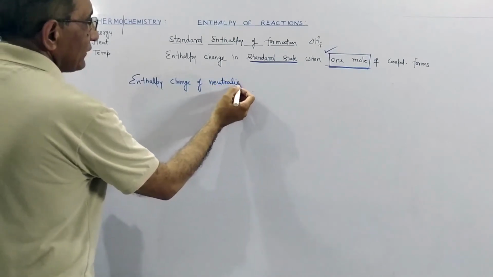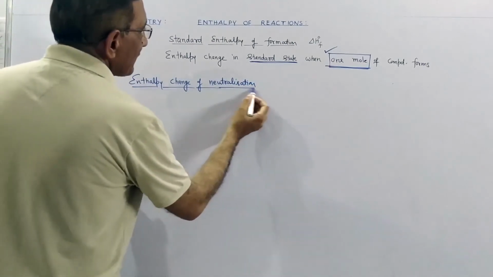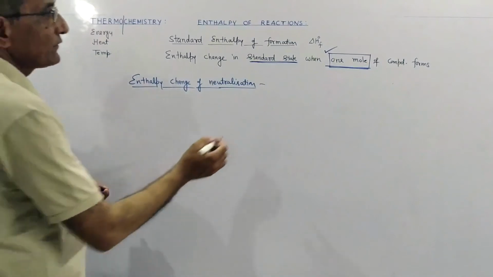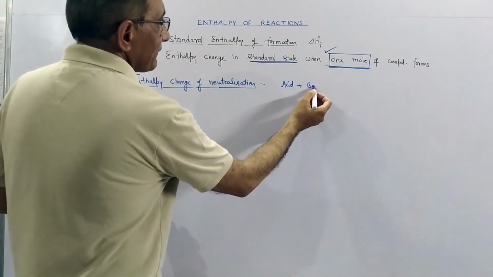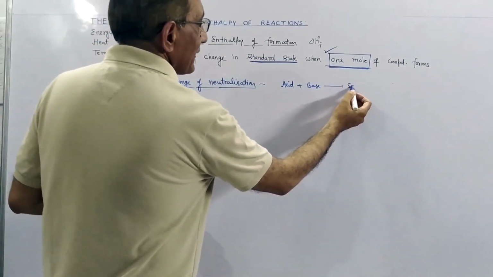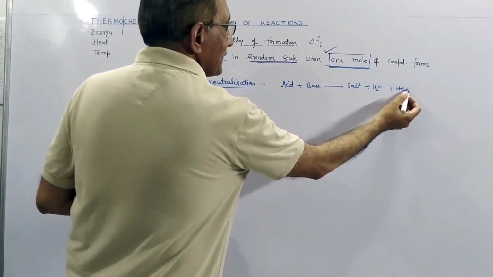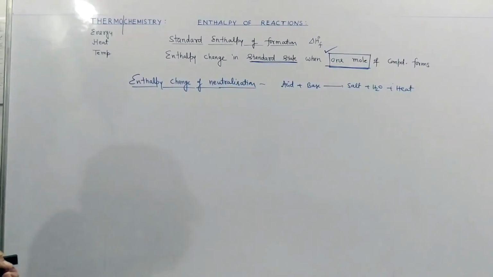Here you have to be very careful. We will never use the word 1 mole here. What is neutralization, students? Neutralization means we are taking some acid, reacting it with base, and we will get salt and water, and some heat will be released here. Okay, so it is enthalpy change of neutralization.